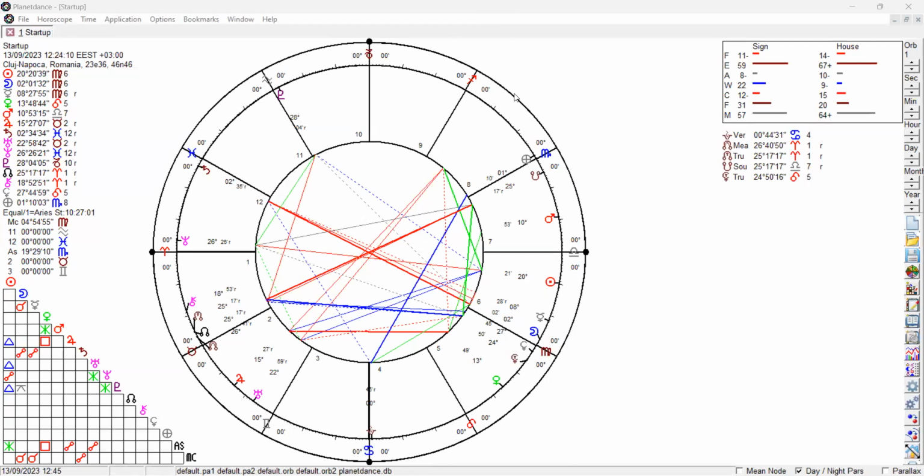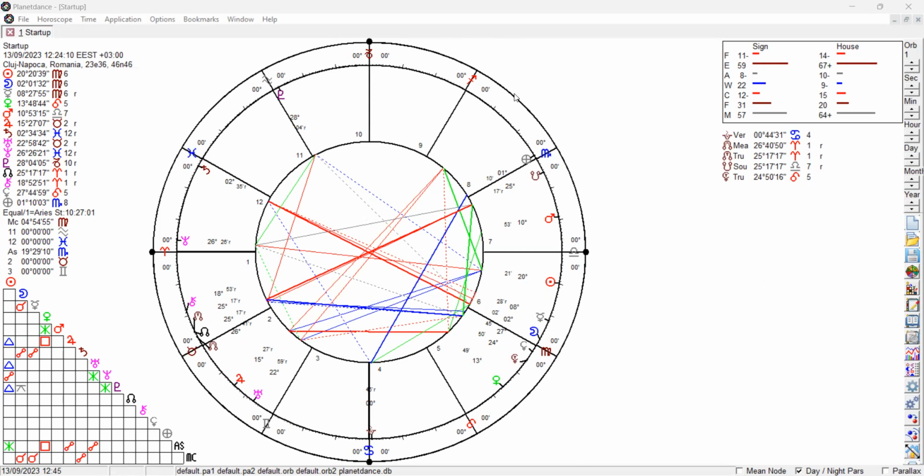Scorpio, as you probably have heard by now, has a lot to do with transmutation, transformation, evolution, where we shed off our skin from a psychological, esoterical, and sometimes even down to earth perspective.